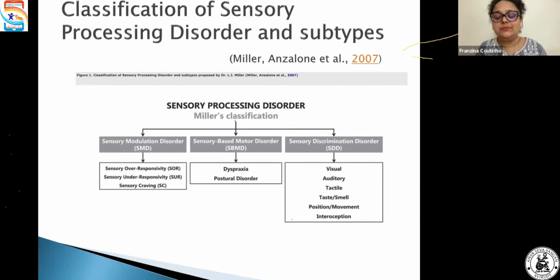So this means inappropriate or difficulty with praxis movement. Very commonly seen in children with DCD, developmental coordination disorder. And a postural disorder is basically where you have slouching or you have this movement where the child is all over or is only lying down. Very commonly, you will get a complaint from the teacher saying he's leaning constantly or she is leaning constantly. She has difficulty sitting upright.